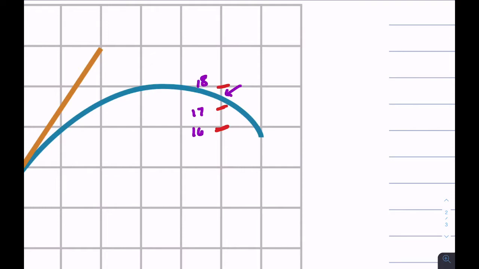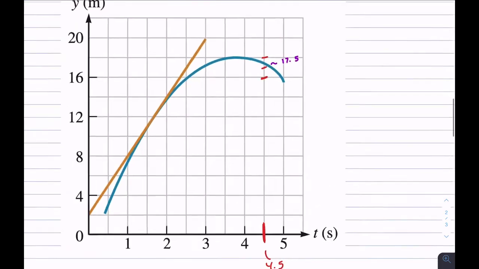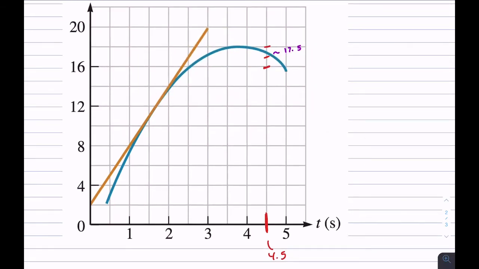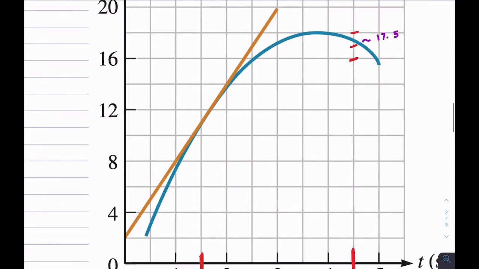The line falls between these two values, so I'm going to say that that's 17.5. Now next we are going back to 1.5 seconds. So at 1.5, our y value is here, right at, let's see, this is 8, 9, 10, 11, 12, so this is 11.